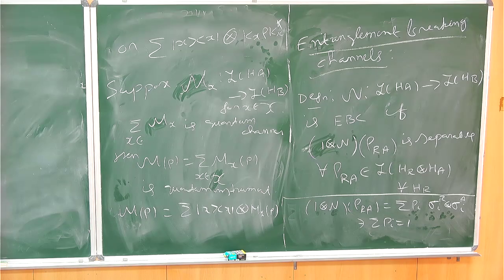In terms of the Choi matrix, we can write this action 1 tensor N as follows. This is equal to, you will take the trace with respect to A, but we'll have a 3-fold tensor product, where T is the partial transpose of rho_RA, tensor 1 on B. This is the tensor on R, tensor phi on AB.